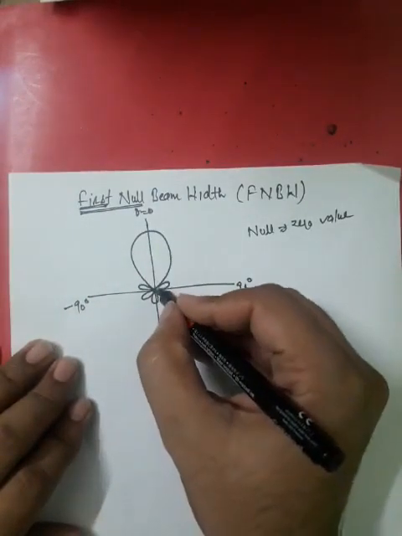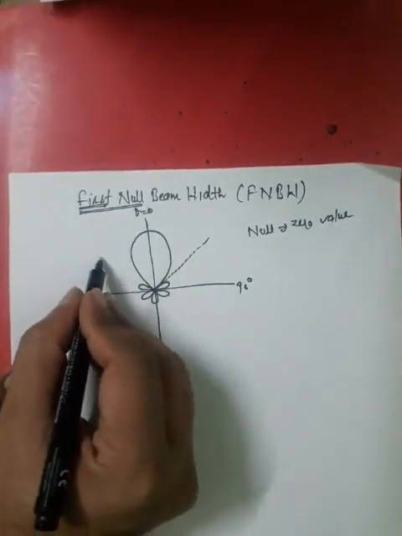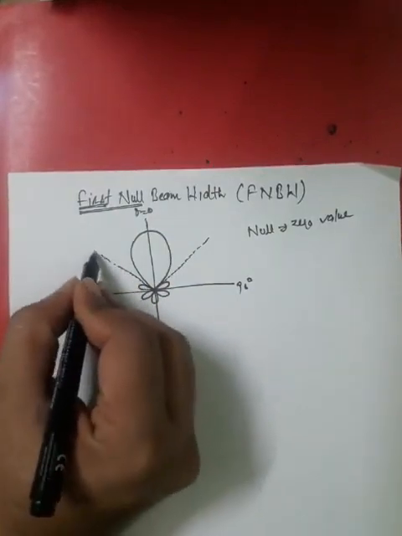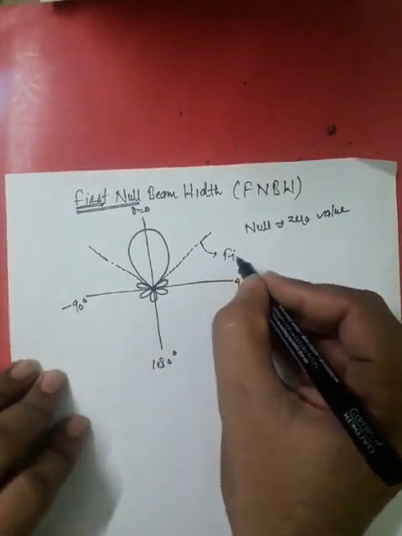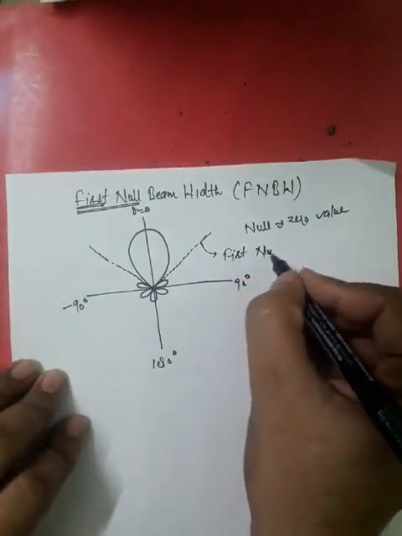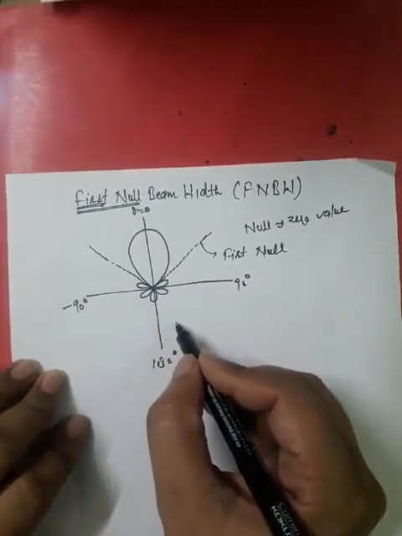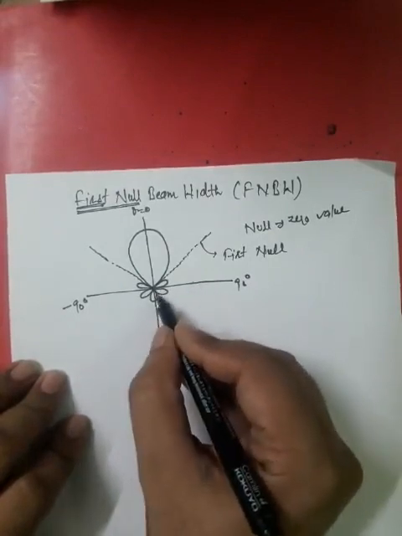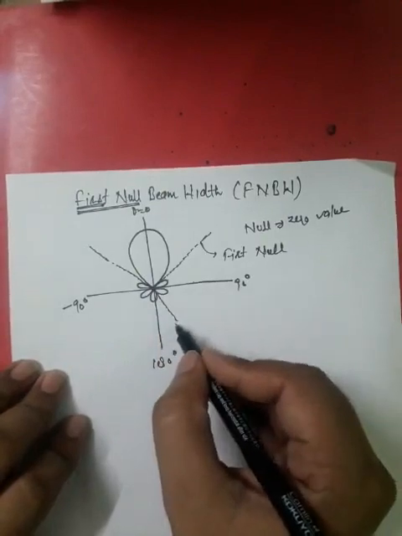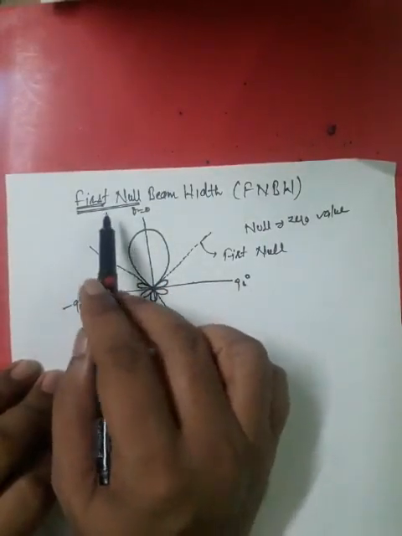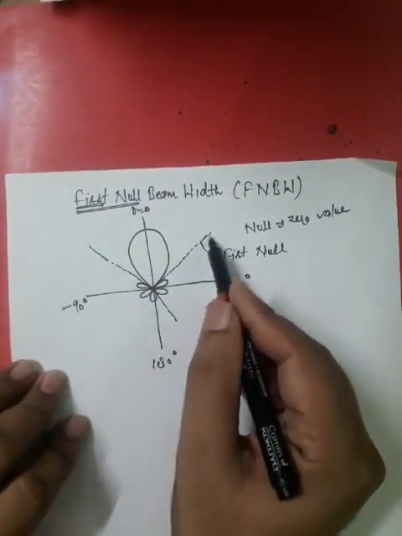So this will be null, and correspondingly this will be null. This is called the first null. There will be a second null, a third null. You will also have this null, and if you draw here, it is also null. So second null, third null, but here we are interested only in the first null beam width. So this angle represents the first null.